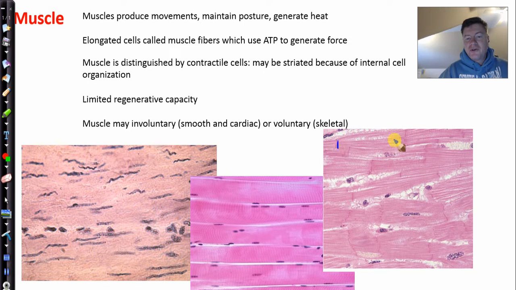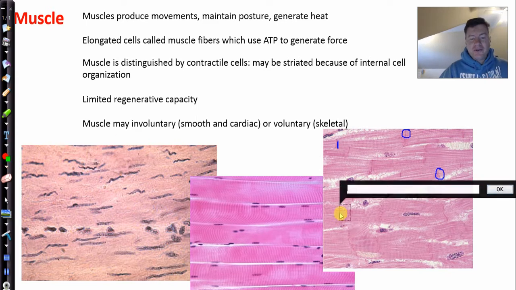Here's one, I'm drawing it. I'll sort of circle this one right here. We have areas where the muscle cells join together, and these are referred to as intercalated discs. Let me type that one up for you. Intercalated discs.